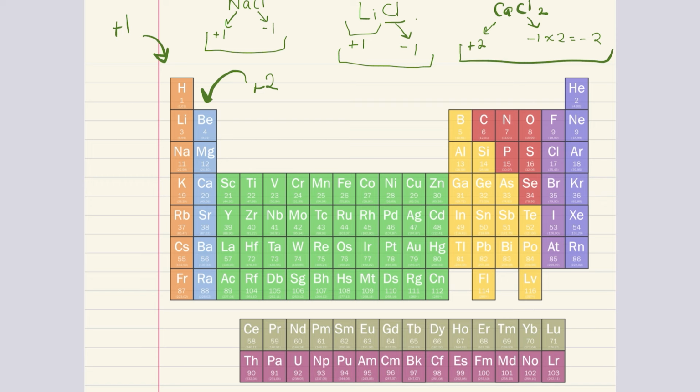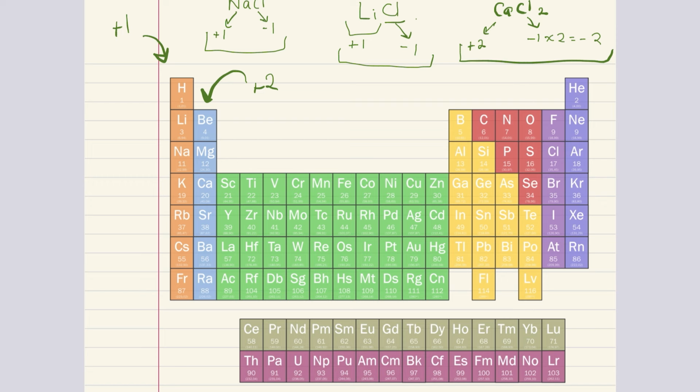Now, the oxidation number of halogen elements in a compound is usually -1, except when they're combined with an element of higher electronegativity. Halogens typically gain 1 electron to form stable anions.